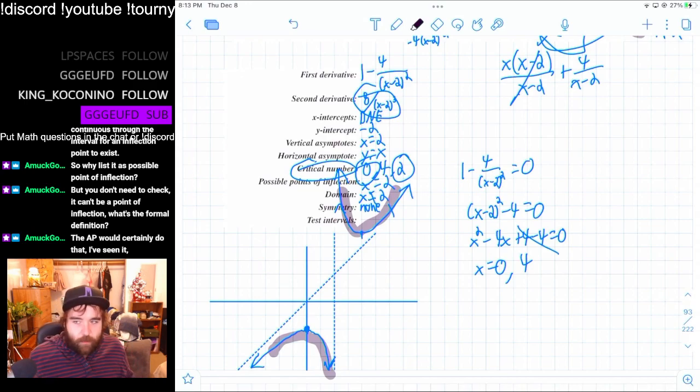Now for critical values, you do set it equal to 0. But it's not going to be a critical point because it's going to be undefined. So I feel like that same thing should apply to the possible points of inflection. But maybe that's the difference, maybe that's why they say critical number here versus critical point.